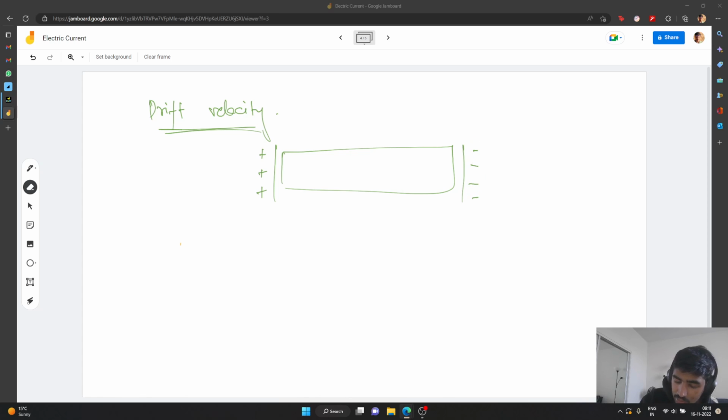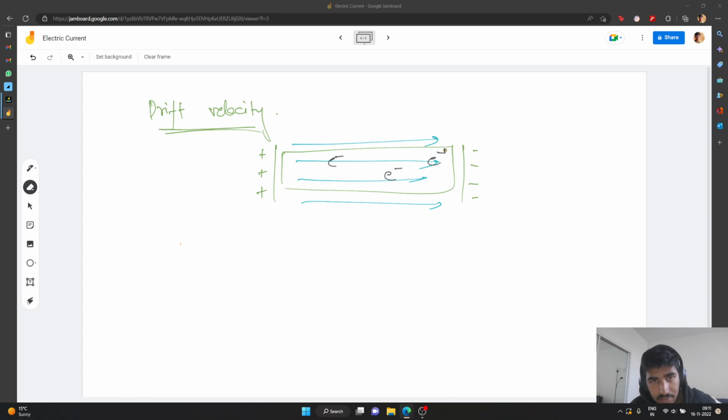The electric field is always from positive to negative, and then you have electrons in the wire, and these electrons feel a force. So this is one electron, this is one electron, this is one electron. As soon as it starts to feel the force of the field, it starts to move forward because of the electric field. So it starts to move faster. So our idea would be maybe it starts from here and then just goes on till here.